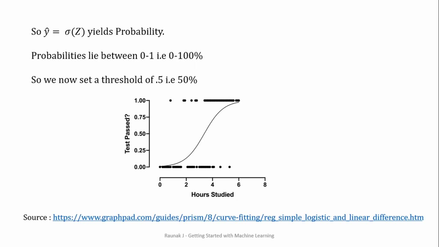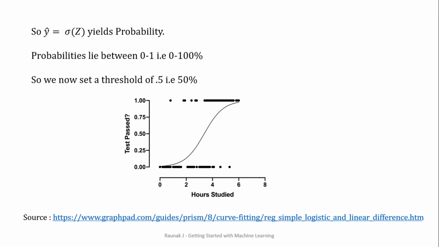Y pred is equal to sigmoid of z, which yields a probability. Probabilities lie between 0 and 1, that is 0 to 100%. In logistic regression, we have to set a threshold, which can be 0.5, that is 50%. Based on that threshold, we can identify which points are going to give us the prediction 1 and which points are going to give us the prediction 0.